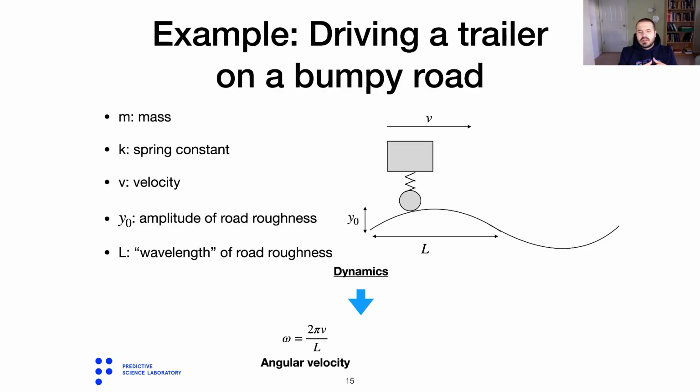You're going to get that the angular velocity of the spring is 2 pi times the velocity of the trailer divided by L. And if you work out what the maximum amplitude of the oscillation of the spring is going to be, you will find that it is the absolute value of k times y naught, where y naught is the amplitude of the road roughness, divided by k minus m omega squared. So this is all trivial, and you can find it using basic dynamics.